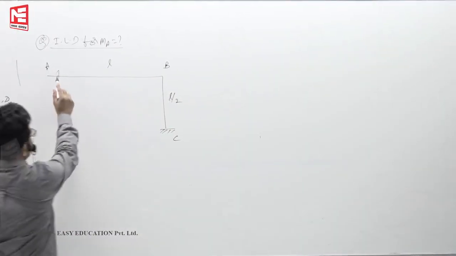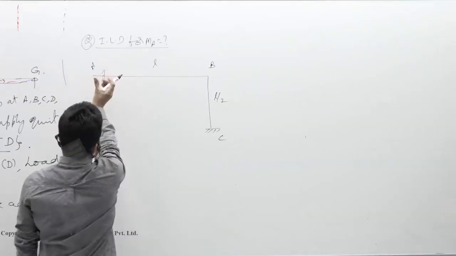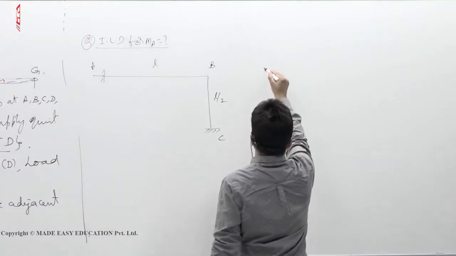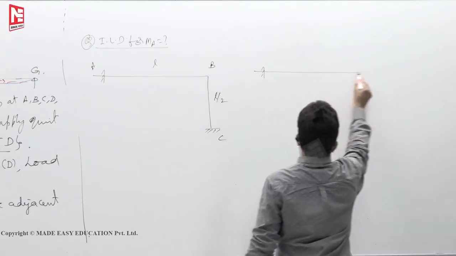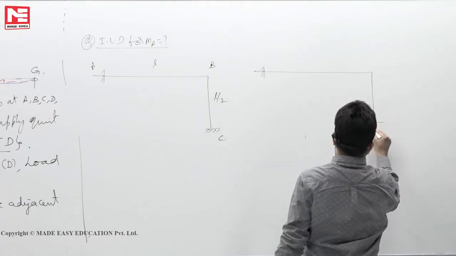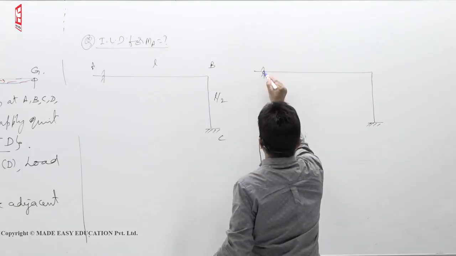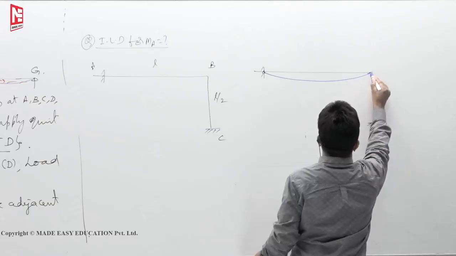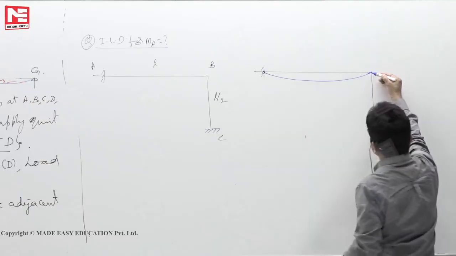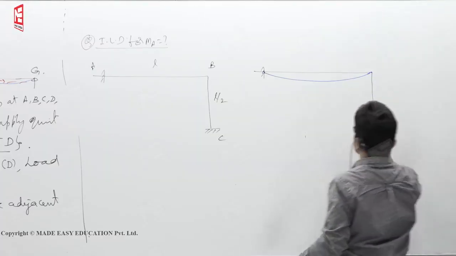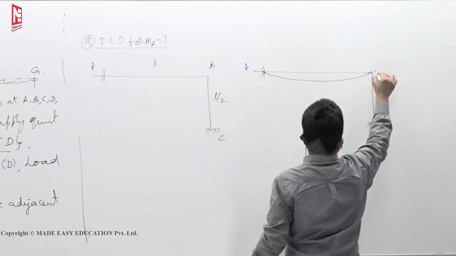Now without removing the support at A and C, assume an imaginary hinge and apply unit rotation. That looks like this. Because B is a rigid joint, it will rotate some rotation. This also to maintain 90 degrees it will rotate, but unit load will not go on the column. So we don't draw this influence line diagram.